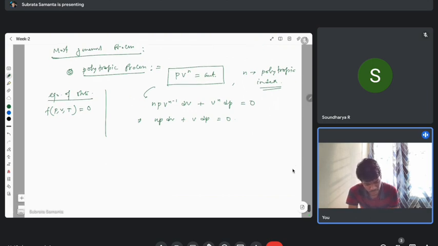Let's consider the ideal gas for simplicity. The equation of the ideal gas is PV equals nu RT, where nu is the number of moles.